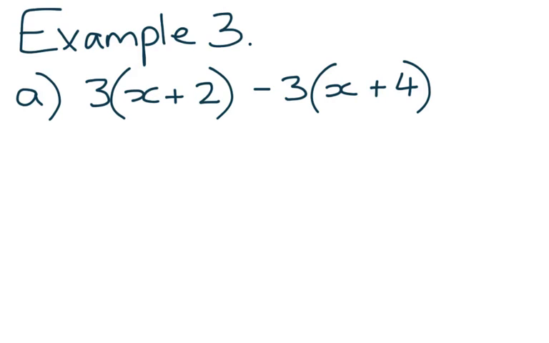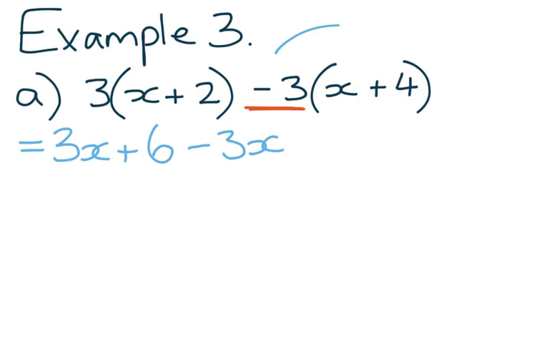The next one is looking back at doing a bit of bracket work plus collecting like terms once we've expanded the brackets. So first step is to expand the brackets. 3 times x is 3x, 3 times 2 is 6. And now what I'm going to do here is I'm actually going to keep this as negative 3. So when I'm doing it, I'm going to say it in my head as negative 3 times x is negative 3x, and negative 3 times positive 4 is negative 12.